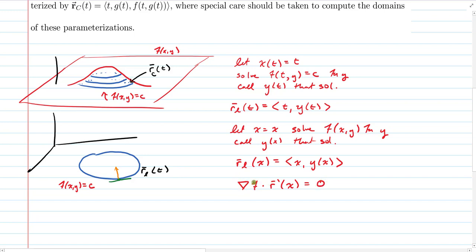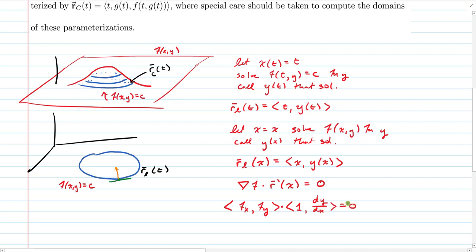So if we take the gradient as a function, that would be f sub x comma f sub y, and we're going to dot that with r prime of x. If we differentiate this with respect to x, the first coordinate would be just 1, and the second coordinate would be dy dx.